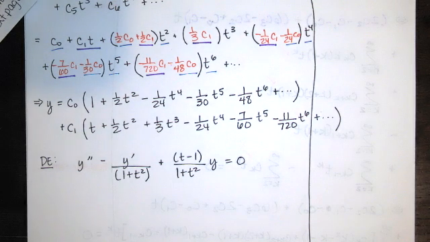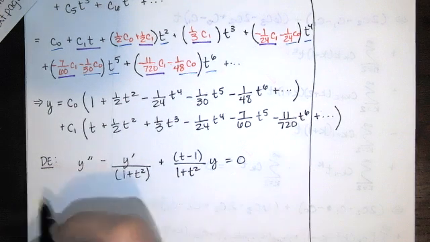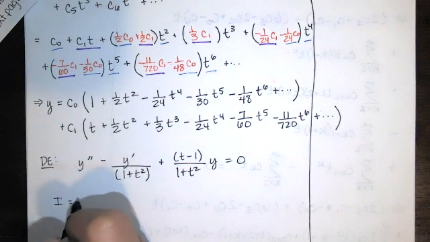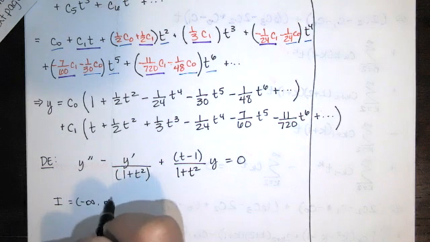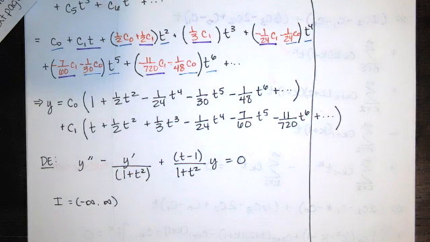So based on Dr. Constanda's rules, the interval of existence here is negative infinity to infinity because that denominator is well defined for all values of t. So we would say that these series solutions are guaranteed to converge on this interval.